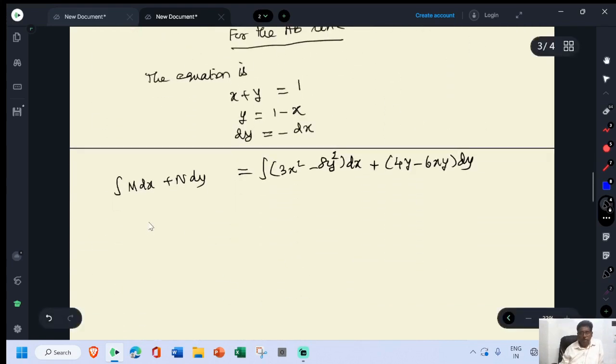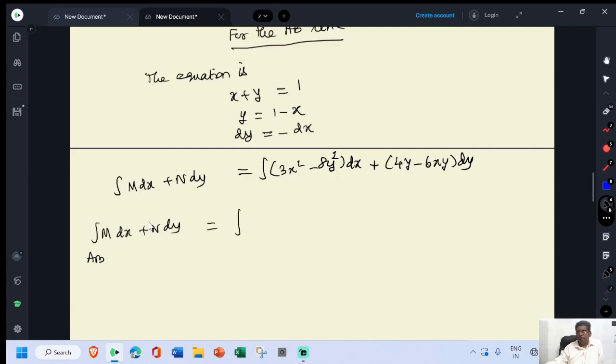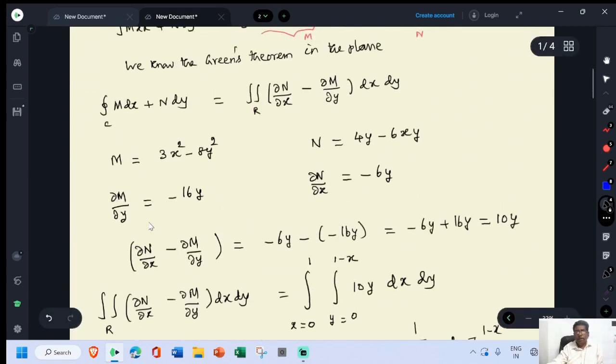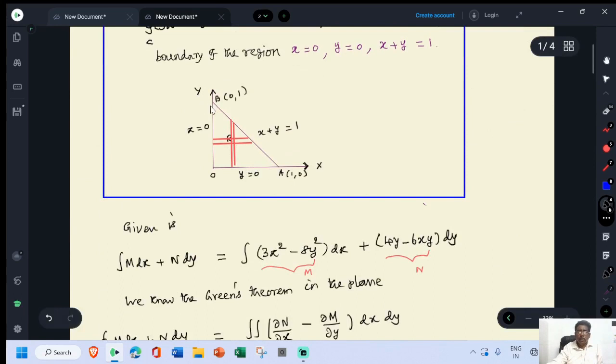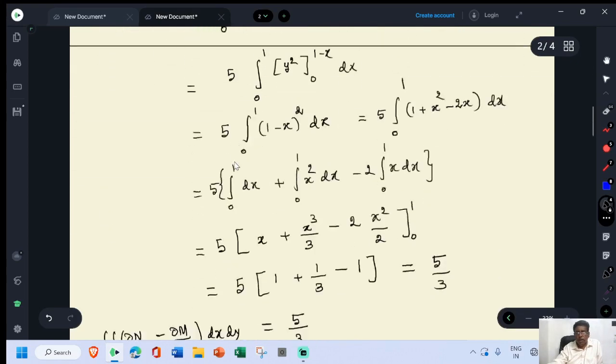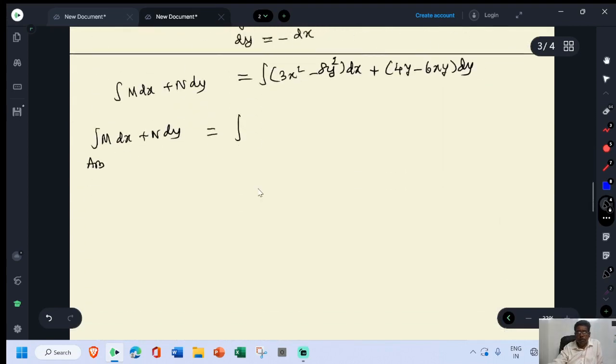Now in this equation you have to find the integral for the line AB. What are the limits? Go to the line AB. You have to express everything in terms of x. Here the lower limit is 1 because at the point A, the value of x is 1. At the point B, the value of x is 0. So the upper limit is 0, lower limit is 1, so the limit is 1 to 0.